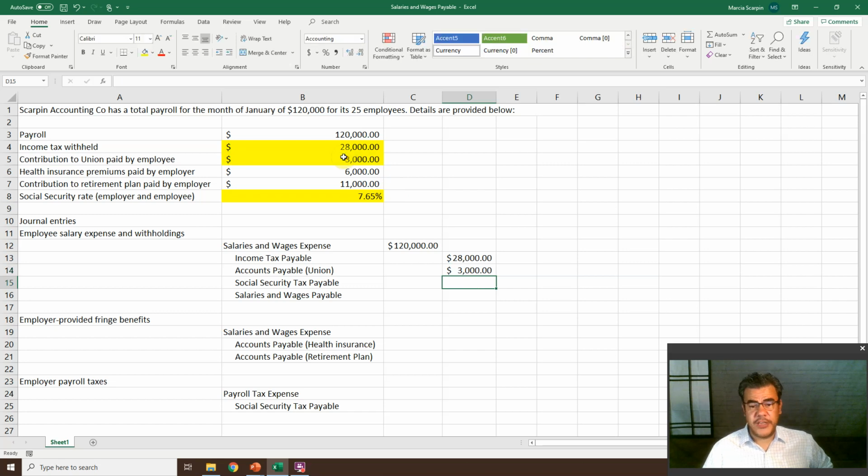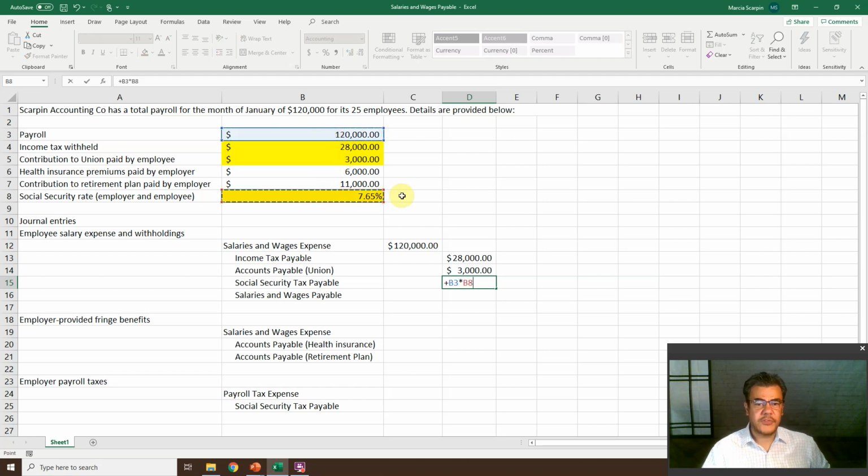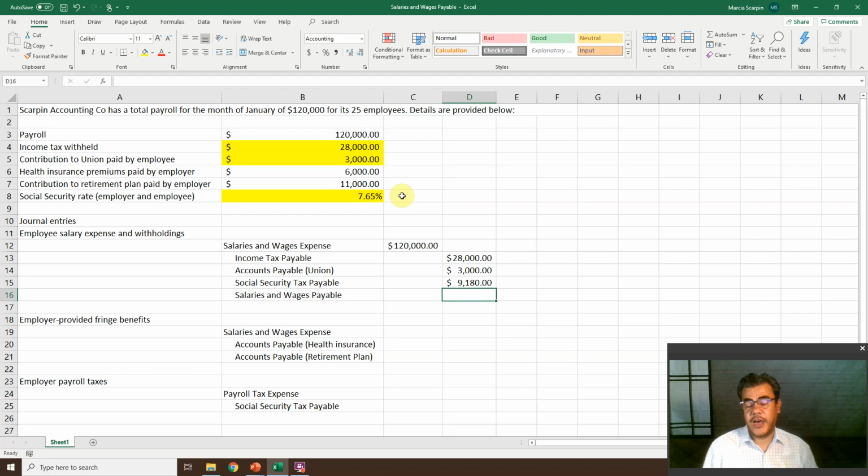All of these, they are the same. The employee pays to the employer and the employer pays to the third party. And social security, 120 times 7.65, 9,180.